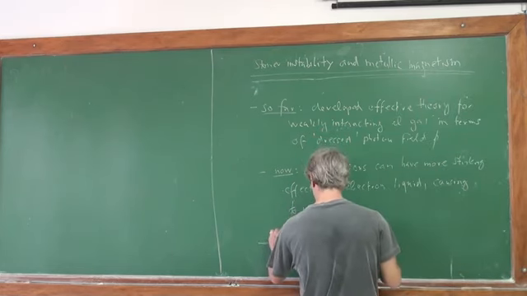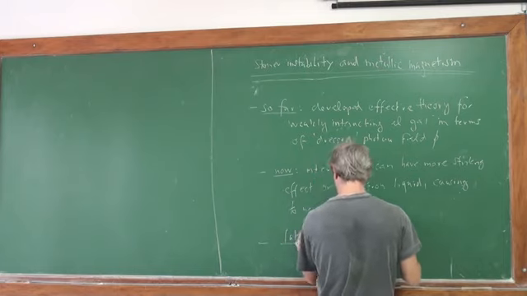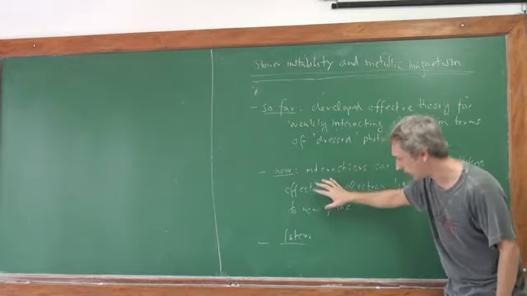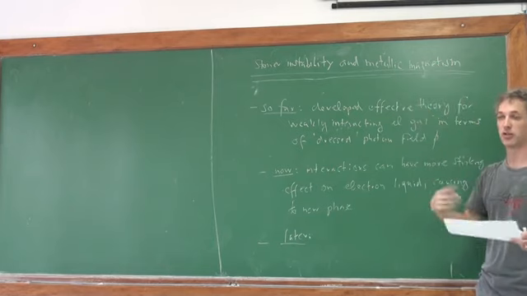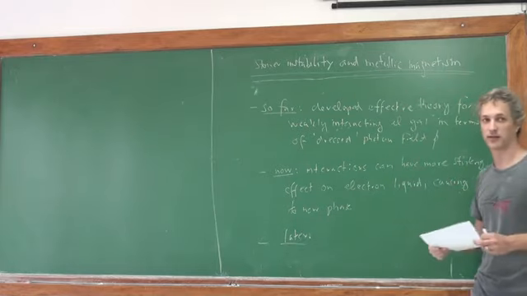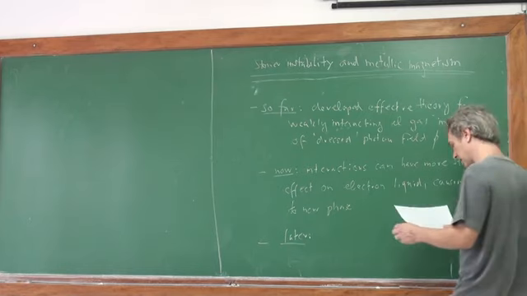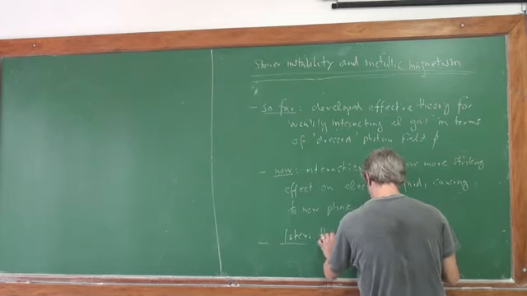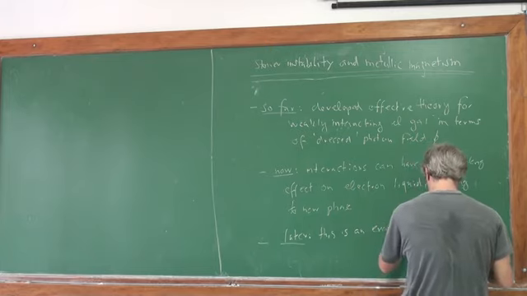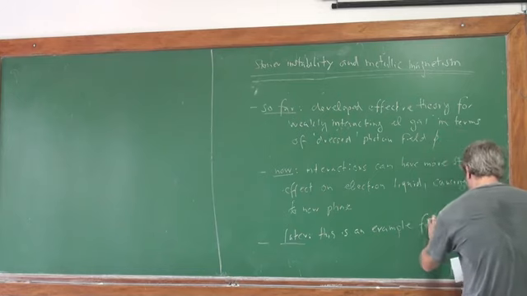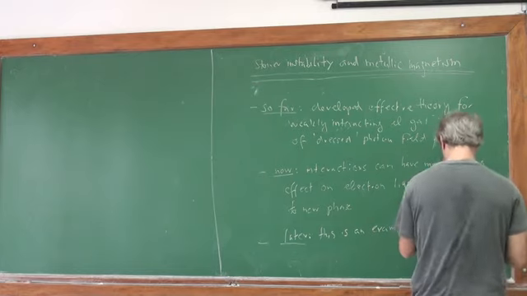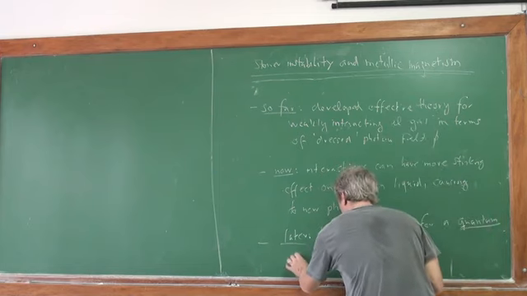So let's say later. That's not what we are going to do here. What we want to do is first understand what is going on, then derive an effective theory. And once one has all the machinery of the renormalization group, one can revisit the effective theory and analyze the quantitative data of the effective theory. So later this is an example for a quantum phase transition.